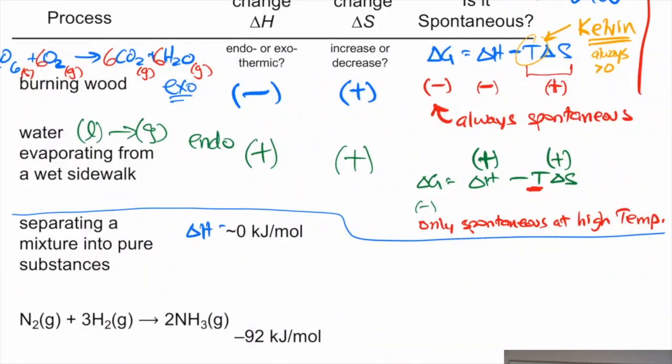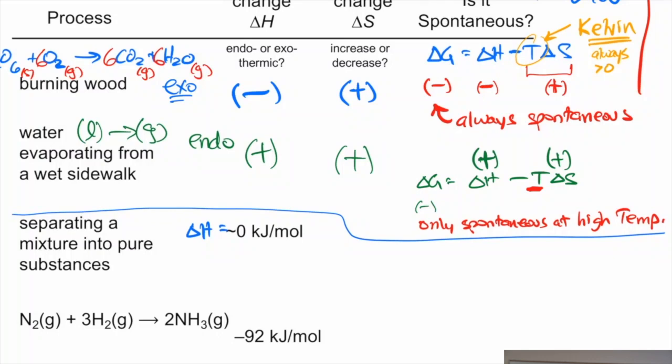So let's not even think, there's no heat exchange involved, let's pretend, when we're separating a mixture into pure substances. But what's the entropy? The entropy increase or decrease if we're taking a homogeneous mixture and separating it into its component parts? What do you think? Entropy is a sign of disorder.